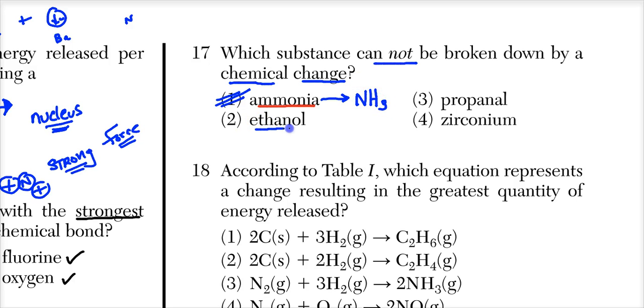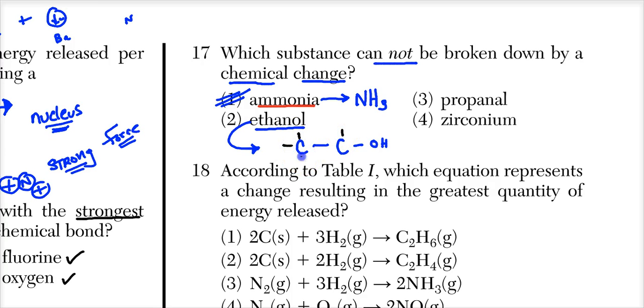Ethanol. Okay, you may say, "Ooh, I don't know about ethanol." But ethanol is an organic compound. If you remember, the eth means two carbons involved. Ethane means there are single bonds between them. And the OL ending means you have an OH group attached, and you fill in the rest with H's.